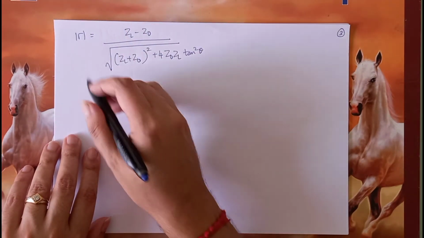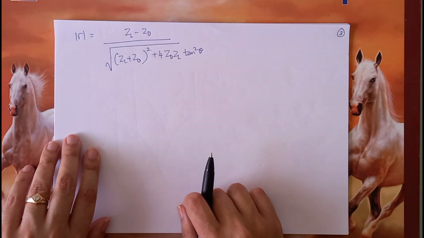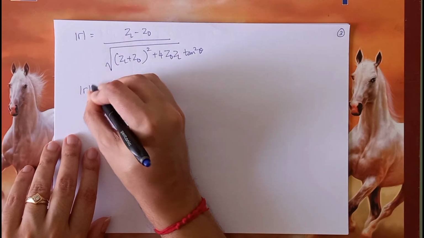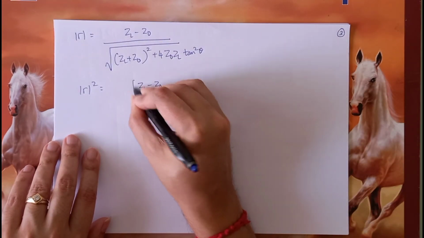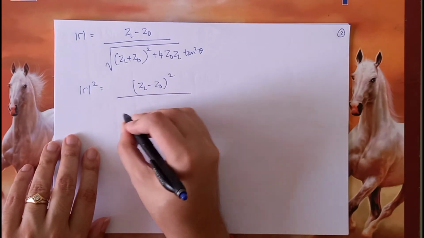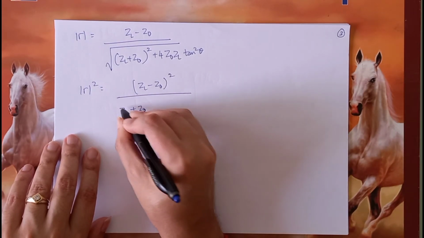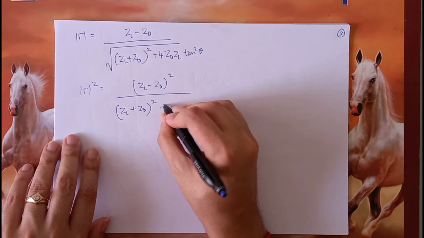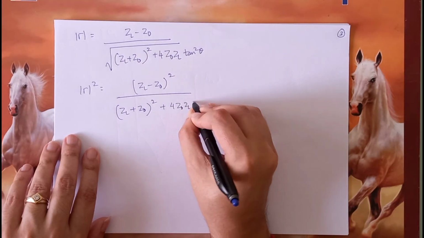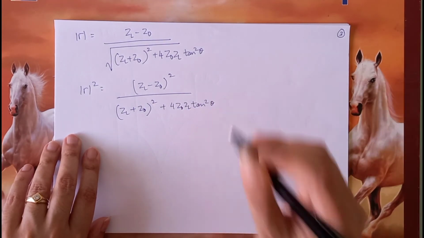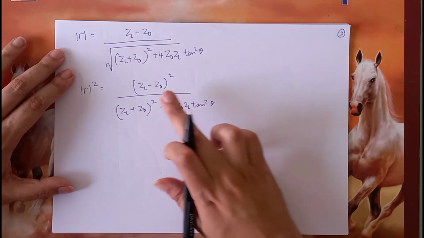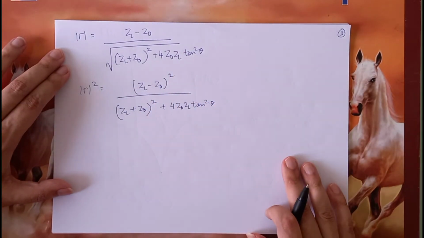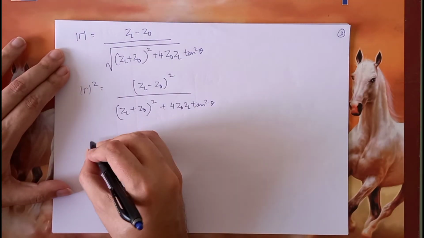I'm just going to do a little bit of manipulation to remove this square root term. So mod gamma square will be ZL minus Z0, the whole square, divided by ZL plus Z0, the whole square, plus 4 Z0 ZL tan square theta. Now, for ease in handling this right hand side operation, I'm just going to invert this.